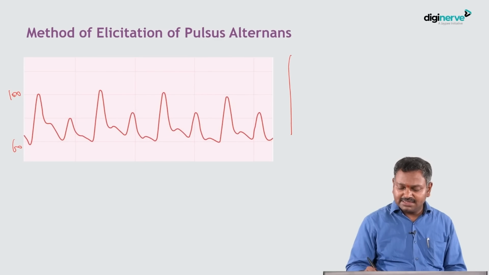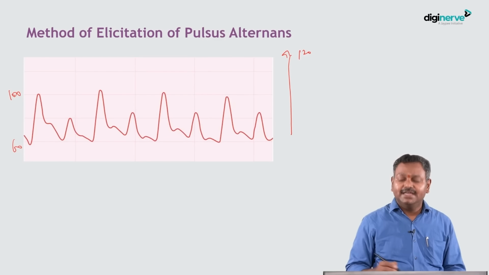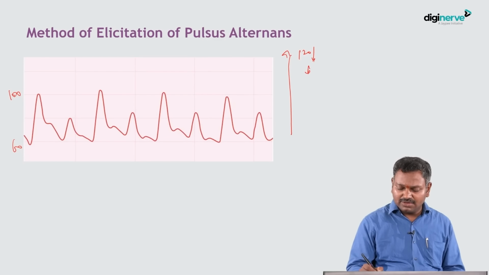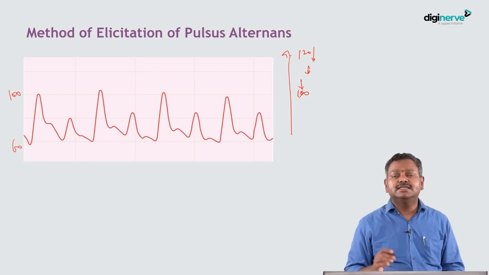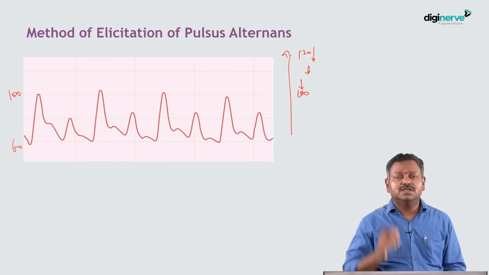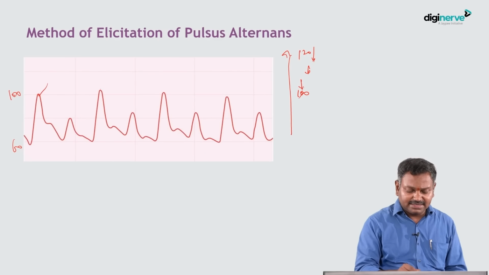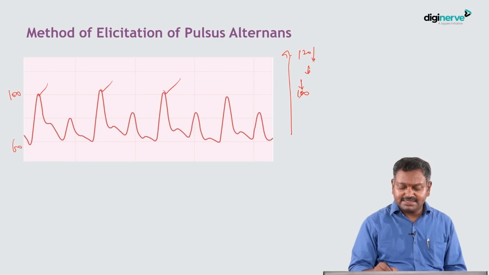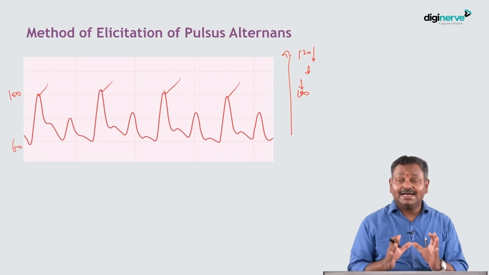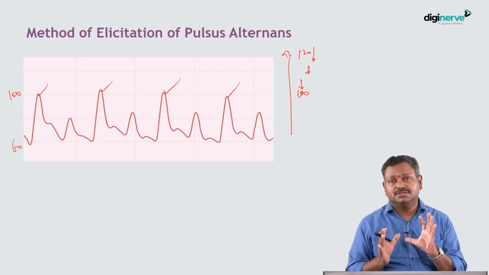Now I have raised the BP to 120 and now I start decreasing slowly. I have come to 100. Now when I reach 100, what will I start hearing? When I am auscultating, I start hearing the Korotkoff sounds, one after another, so I get a number of Korotkoff sounds.